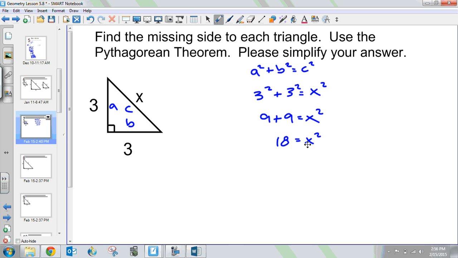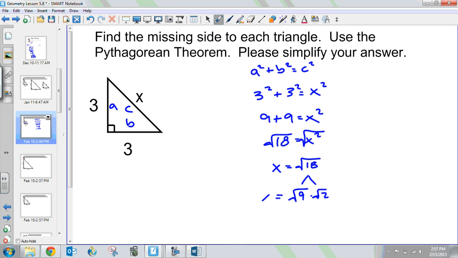Now, I want to solve for x. Since x is squared, I want to take the square root of both sides. I end up getting that x is equal to the square root of 18. Now, that's an exact answer, but we can simplify this. I can split this up into the product of the square root of 9 times the square root of 2.